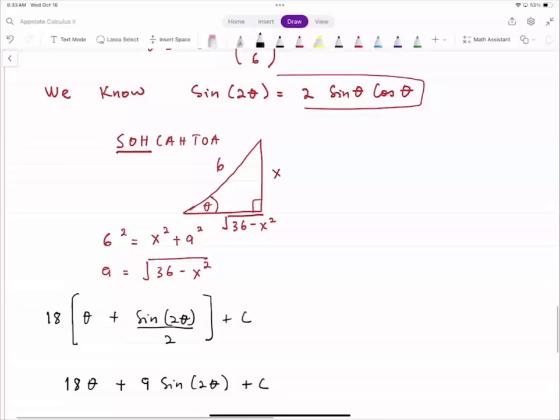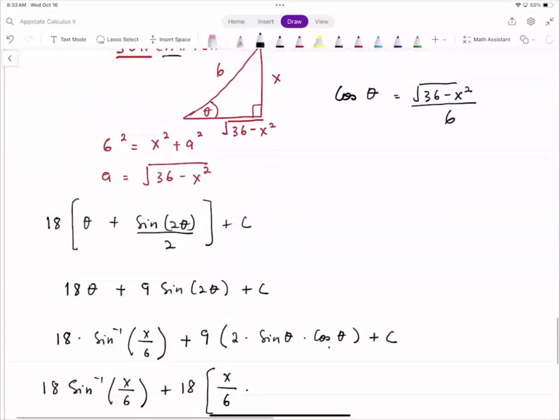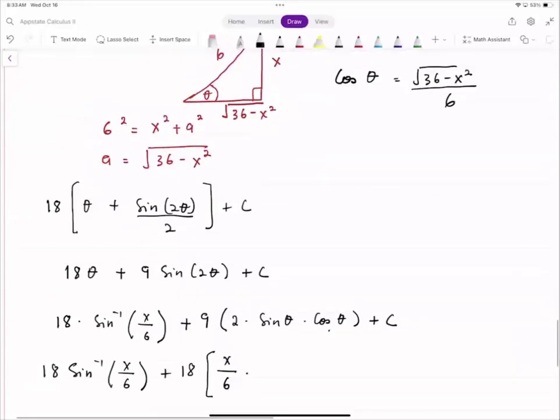How do we get cos theta? We can see from here that cos theta, SOHCAHTOA, is adjacent over hypotenuse. And so what is the adjacent? The adjacent is the square root of 36 minus x squared, divided by the hypotenuse, which is 6.